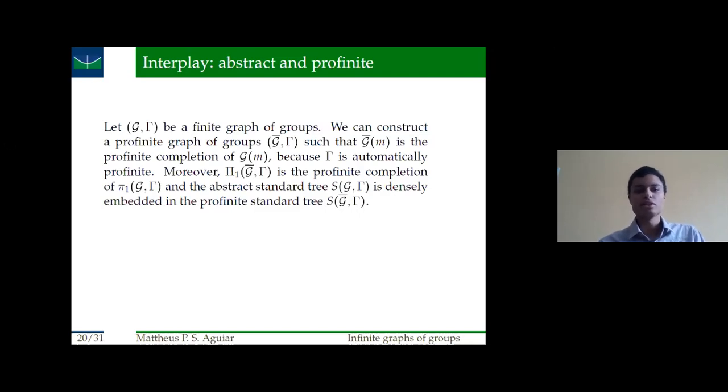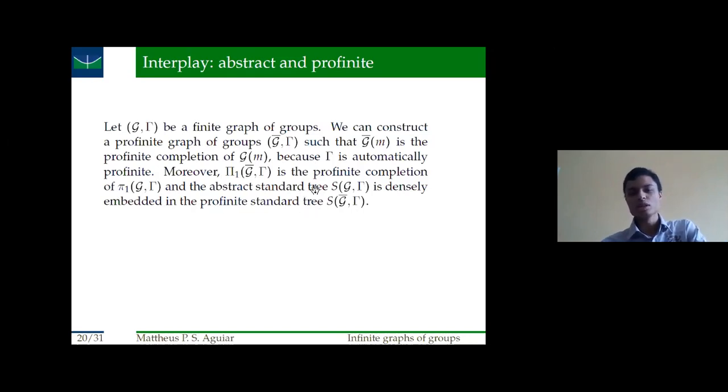So let (G, gamma) be a finite graph of groups. We can construct a profinite graph of groups such that this is the profinite completion of (G, gamma) because gamma is automatically profinite. Moreover, the fundamental group is the profinite completion of the abstract fundamental group, and the abstract standard tree is densely embedded in the profinite standard tree.